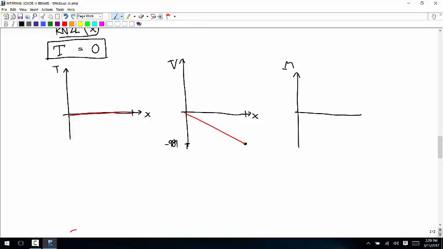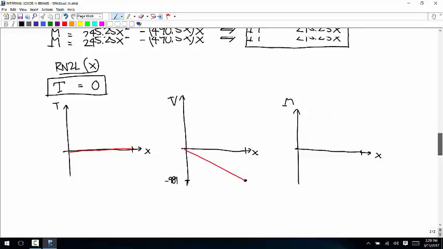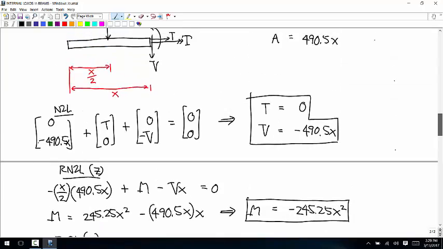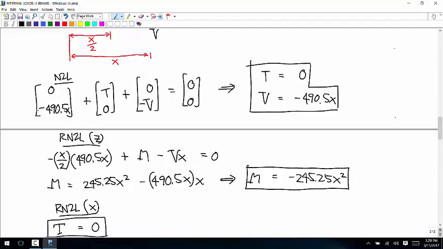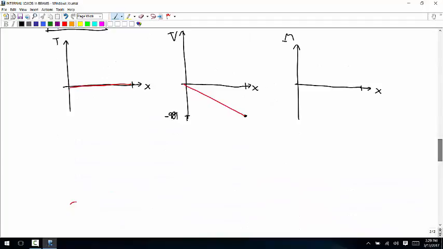The bending moment starts out at a value of 0, and then it's a quadratic function, concave down, with a maximum value of 981, I think, again negative.